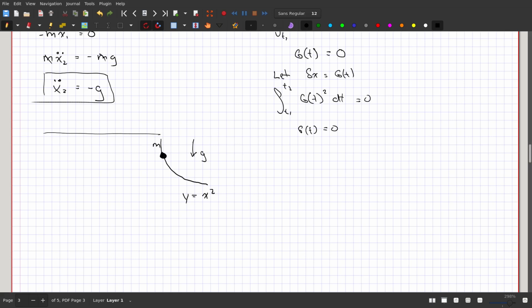Everybody know the little kid's toy where you have a bead on a wire and you push it around? Imagine a bead on a frictionless wire, and the shape of the wire is y equals x squared.